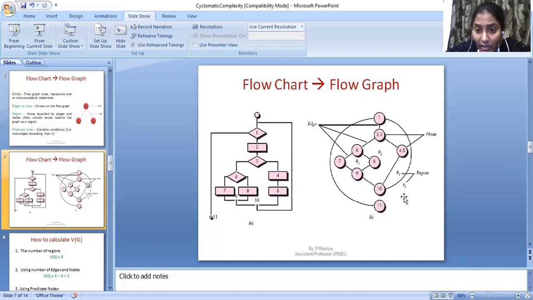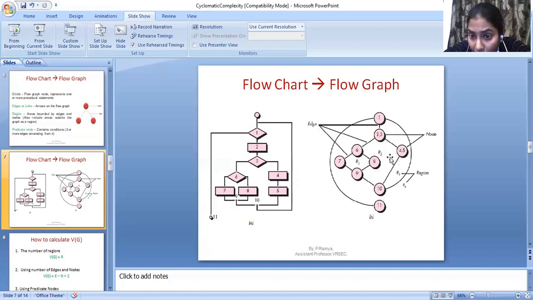Let us see in this example what is a node, an edge, a region, and a predicate node. These circular parts are called nodes. The links, these arrows, whether this way or that way, reverse or straight, connecting the nodes are called edges. Coming to regions, this is R1, one closed region.